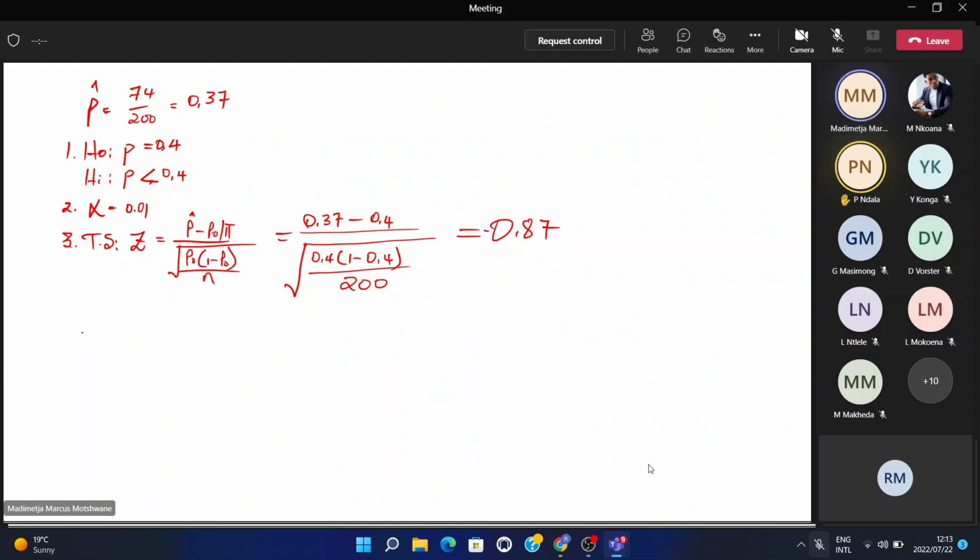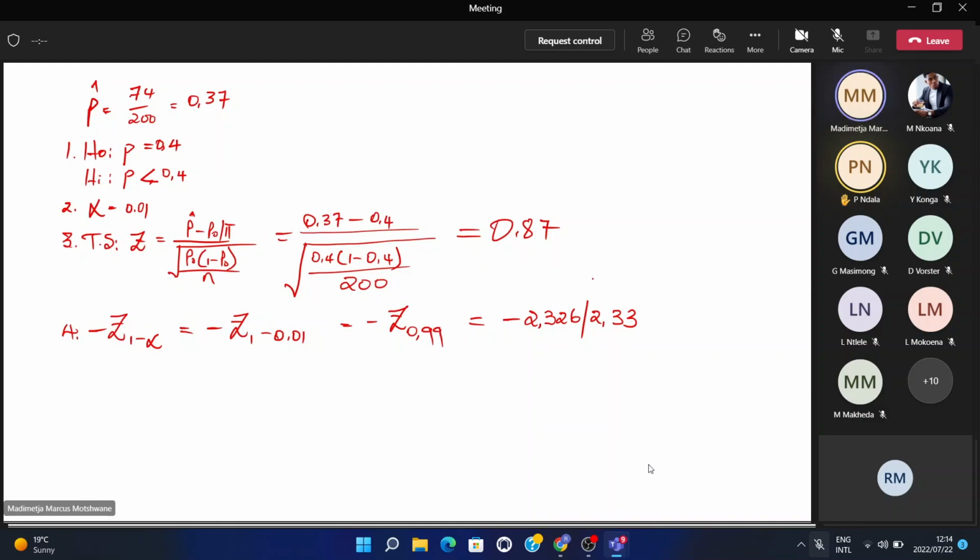And therefore, step number 4, it will be negative Z of 1 minus alpha. So it's negative Z of 1 minus alpha, where alpha is 0.01. And that means negative Z of 0.99, and that becomes a negative 2.326, or you can say 2.33. Now, remember something, people.